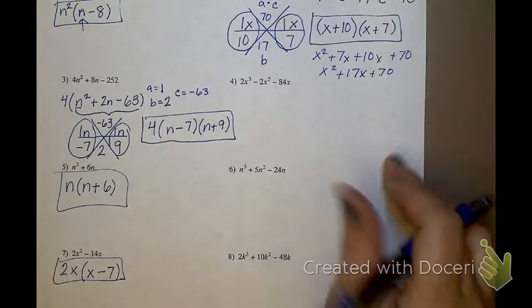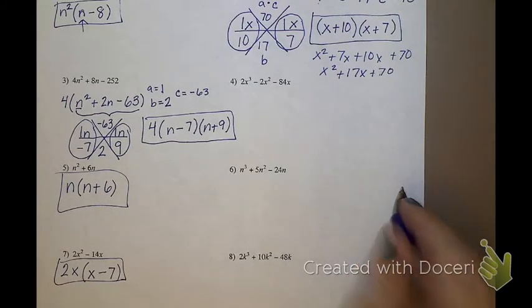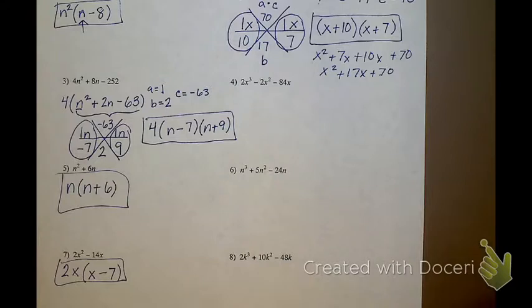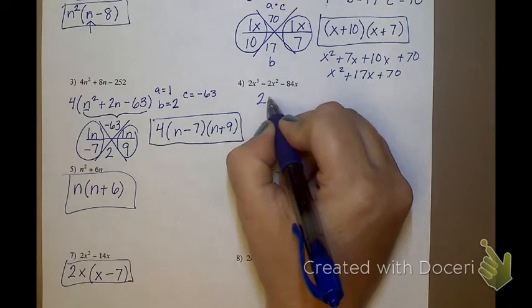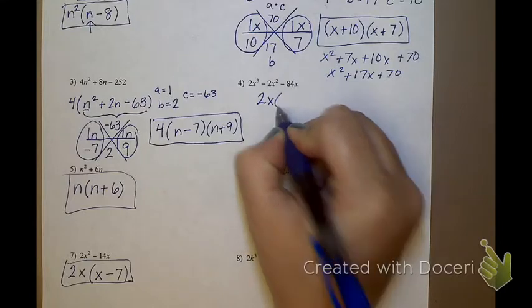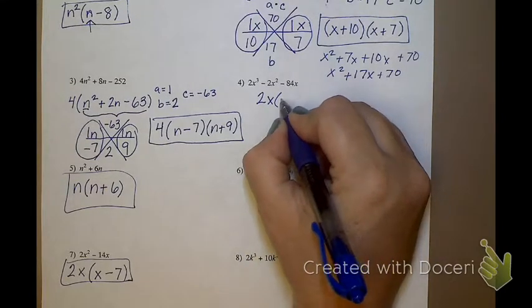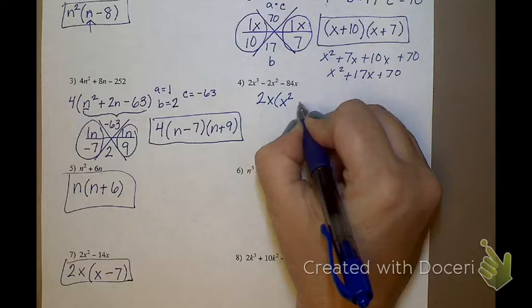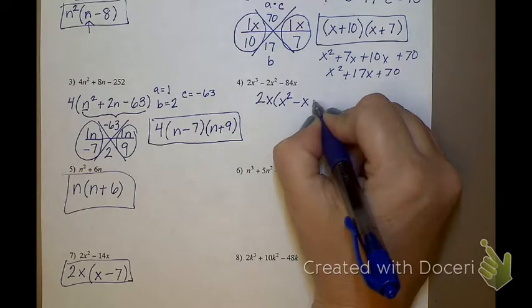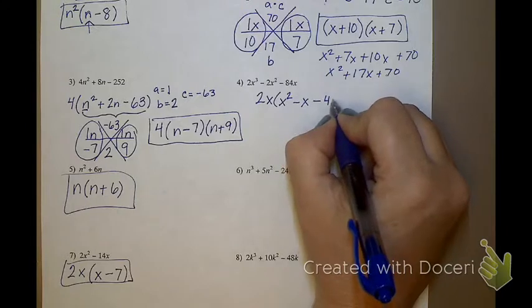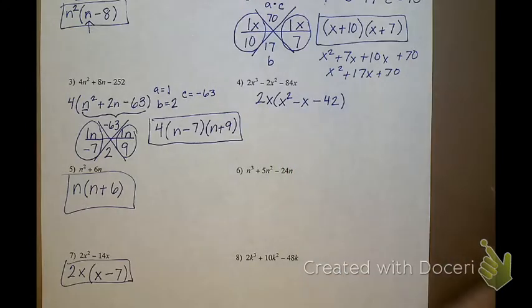Okay. All right, number 4, what can I take out? A 2. A 2, what else? An x. What's left inside? X squared minus x minus 42.